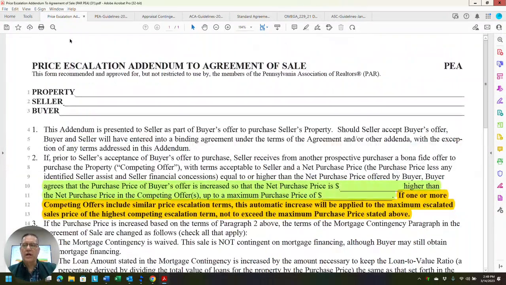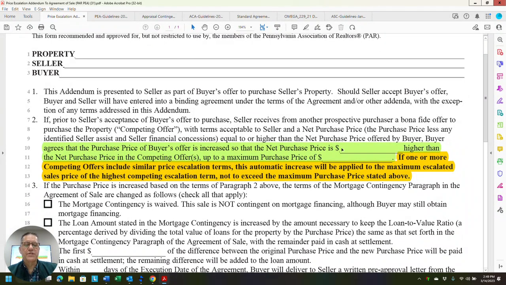Going back to the actual price escalation addendum, the second blank is the maximum that you're going to go to on a purchase price based on your escalations of the net purchase price. Keep in mind, if you get funny with the number up here of how much you're going to increment by, and your buyer says you're going to go to a certain number, make sure your escalation reaches that number.